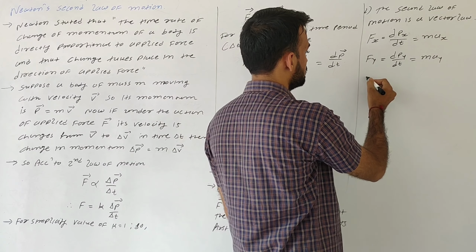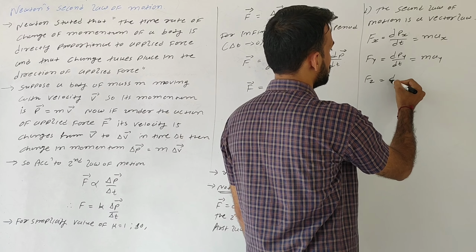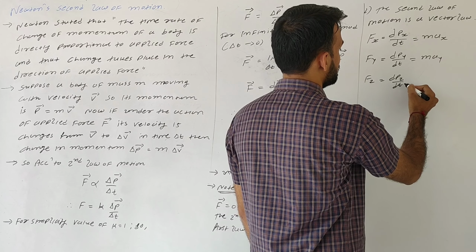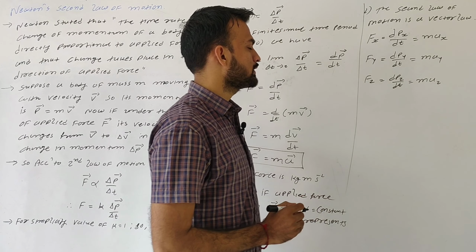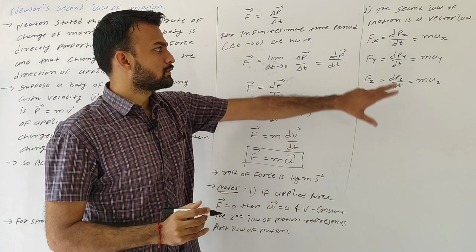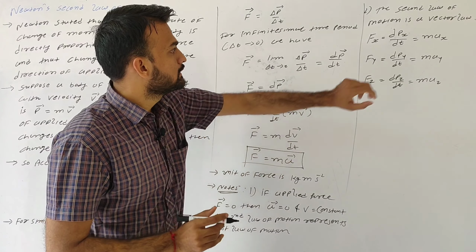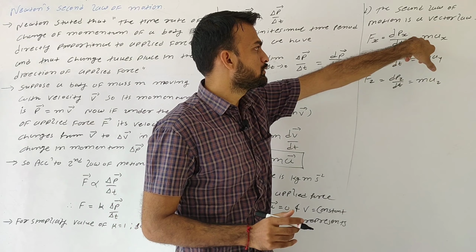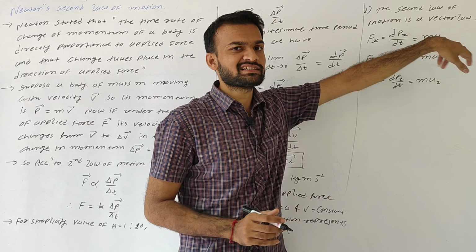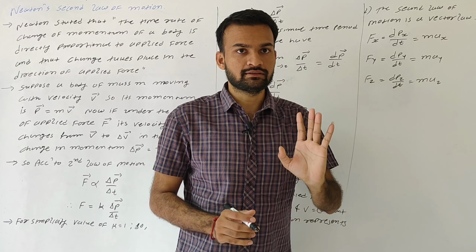And for the third one, the z component, dpz by dt is equal to maz. Means the x component of force is equal to mass into acceleration, which is only in the x direction.